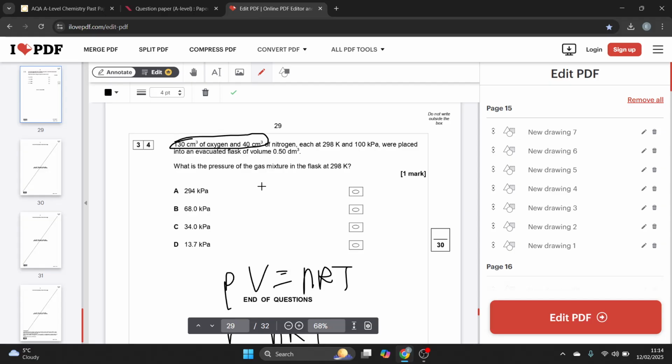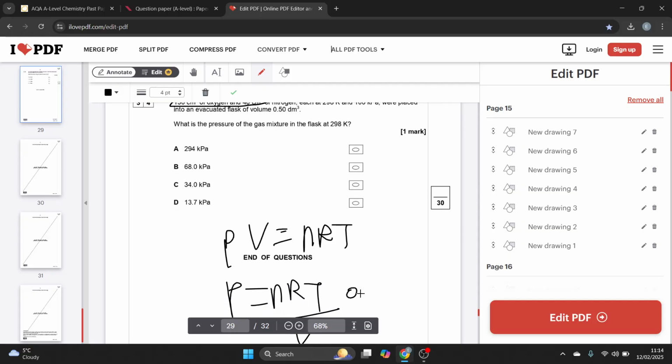Alright, I can do moles as concentration times volume. No, 0.085.